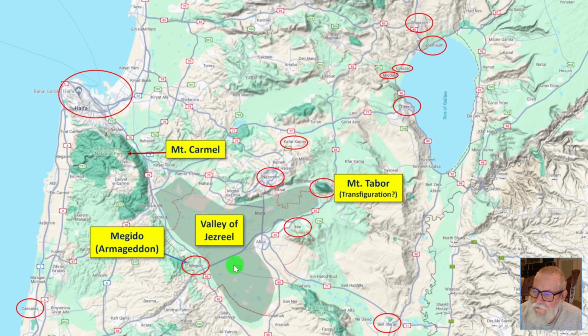Now, above the Valley of Jezreel, and I forgot to mention, the Valley of Jezreel has seen more combat than any other site on earth.